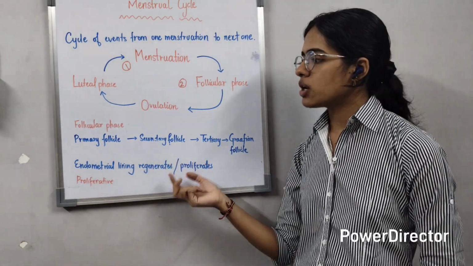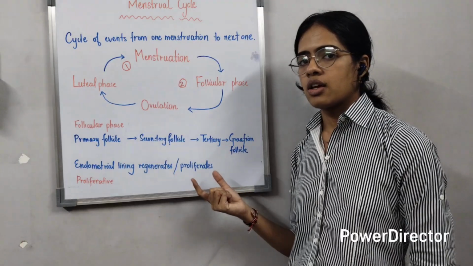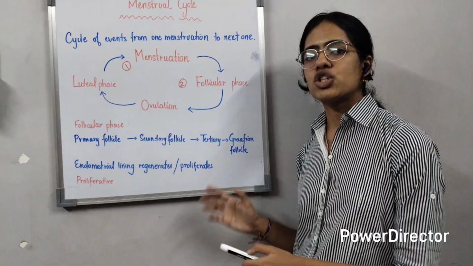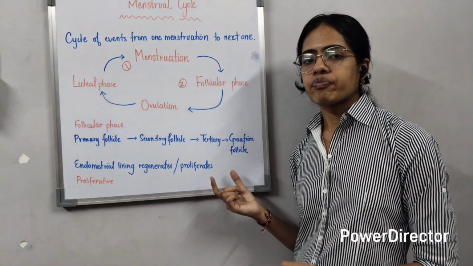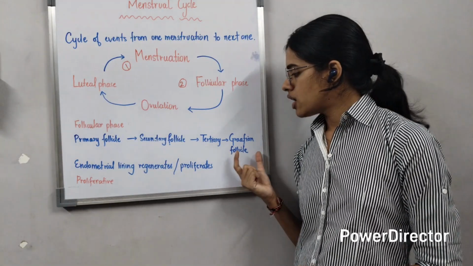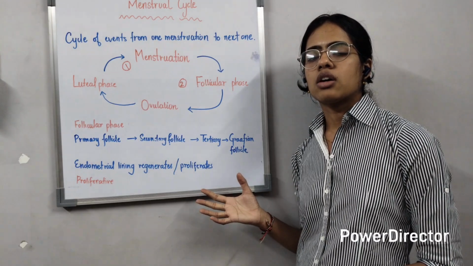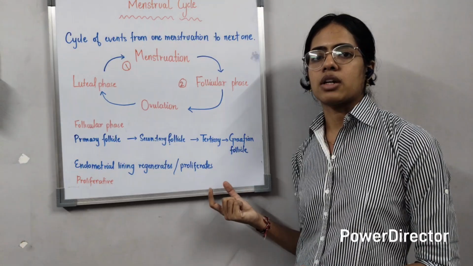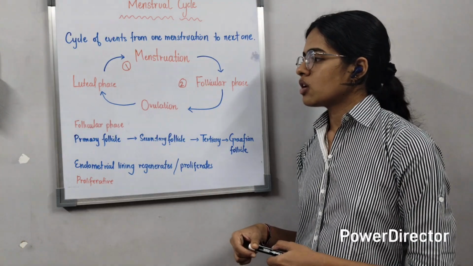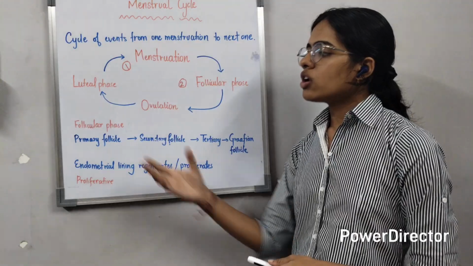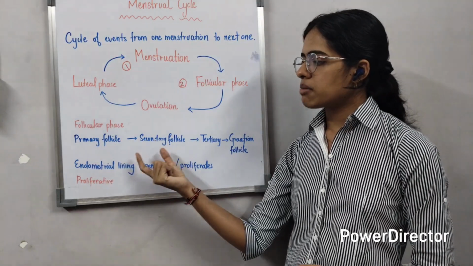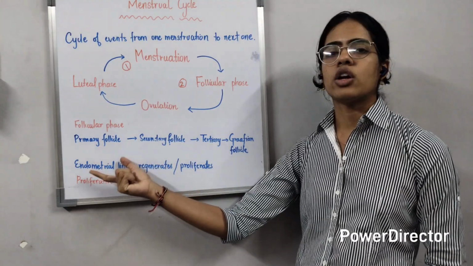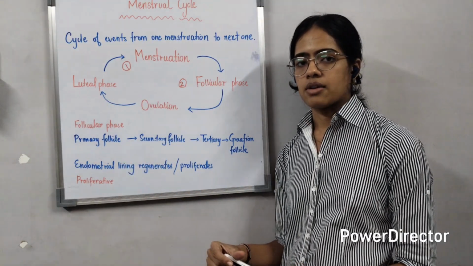This primary follicle will gradually mature into a secondary follicle, then tertiary, and it will form a Graafian follicle, which consists of the mature secondary oocyte, which will lead to the next event and form the mature female gamete, that is the ovum. All of these events of the maturation of primary follicle to secondary and eventually Graafian follicle occur in the follicular phase of a menstrual cycle.